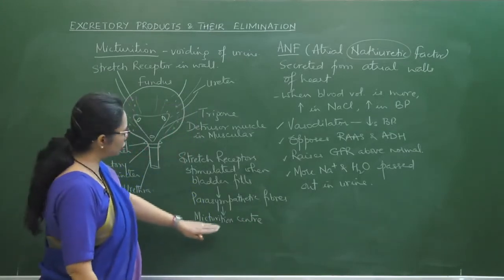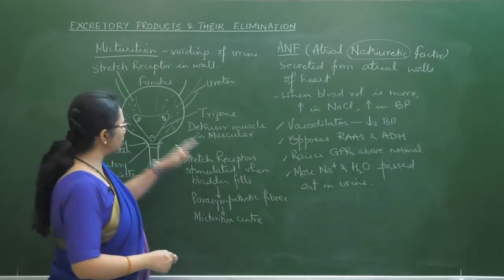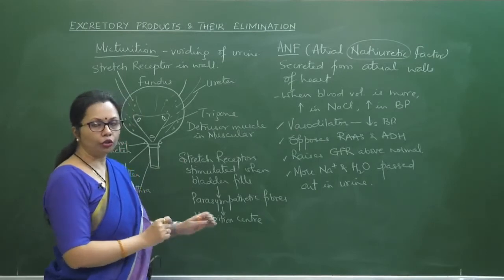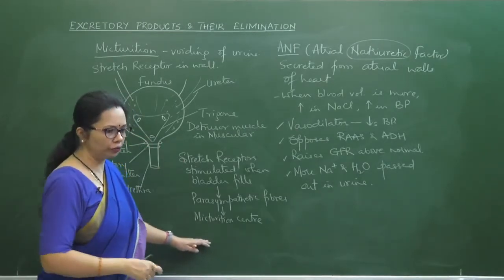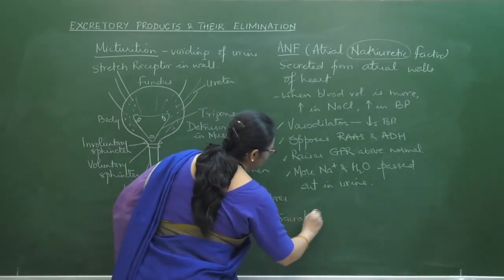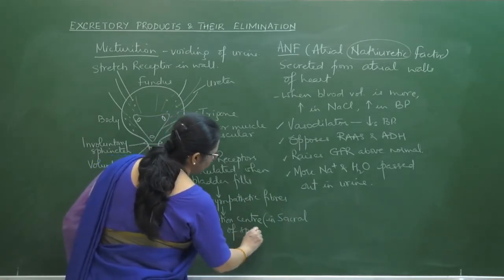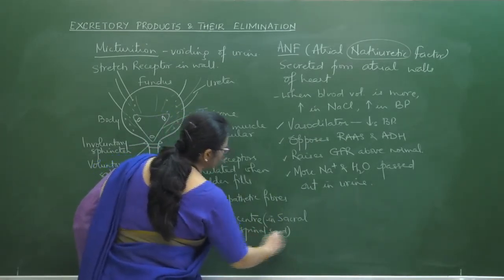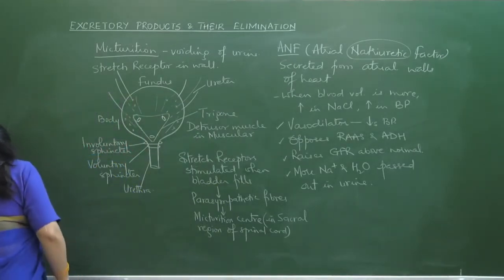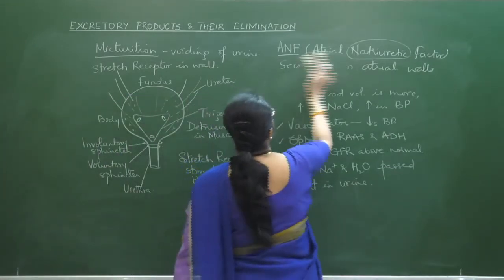Now this micturition center, normally the involuntary centers are in the medulla, but some of the lower body centers are in the spinal cord. So this one is in the sacral region of the spinal cord. So the micturition center in the sacral region of the spinal cord gets this message. So from here, what is going to happen is, I'll just rub this side.